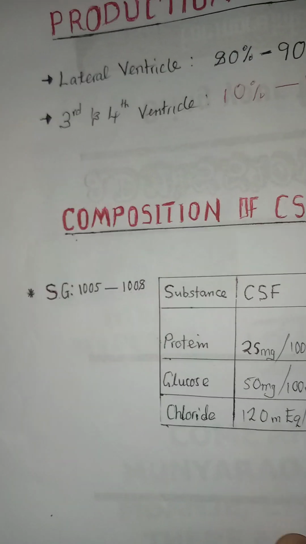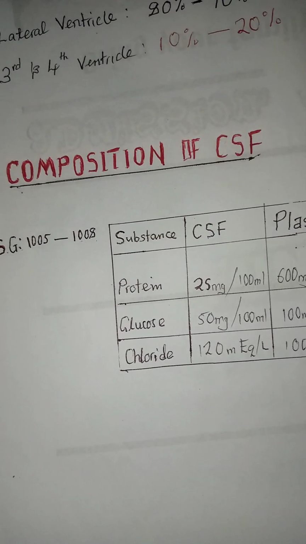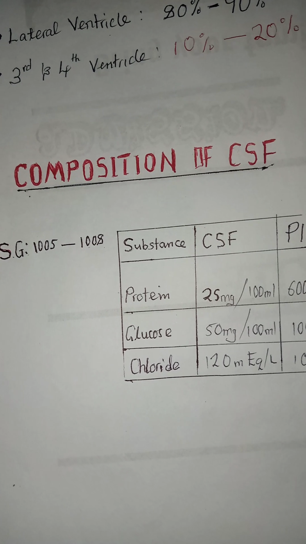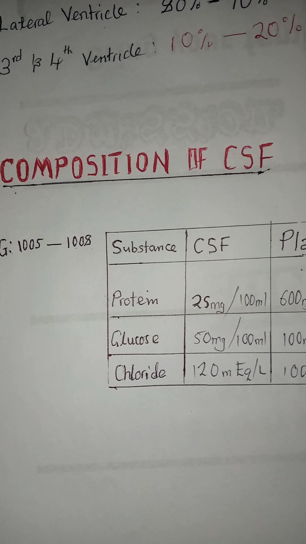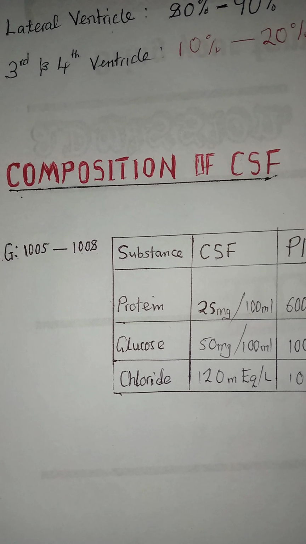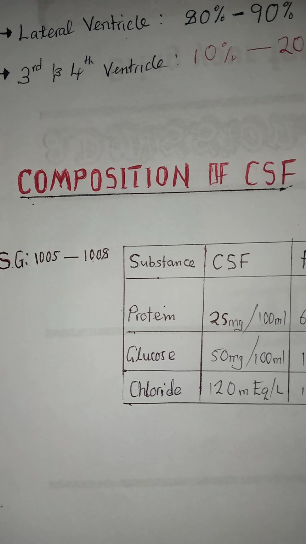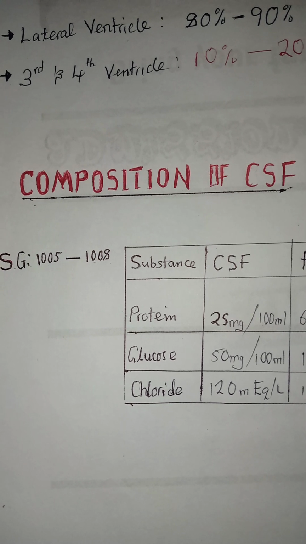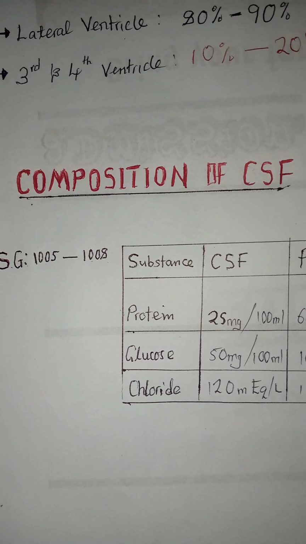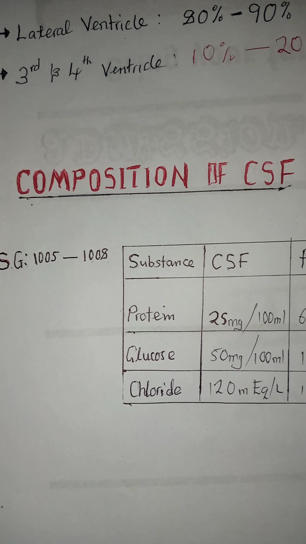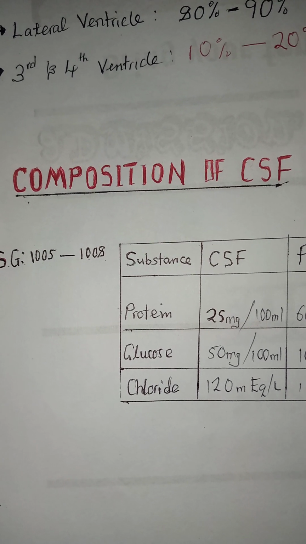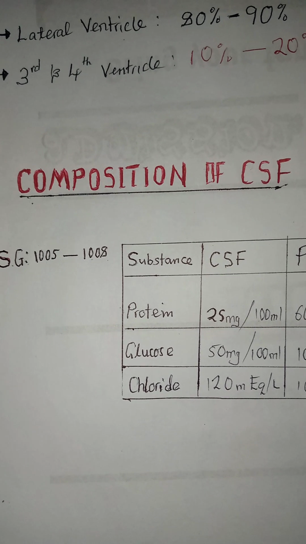The composition of cerebrospinal fluid is somewhat similar to that of blood plasma as well as the interstitial fluids. In terms of color, cerebrospinal fluid is a colorless fluid which is slightly alkaline.